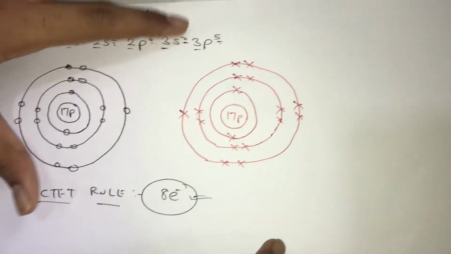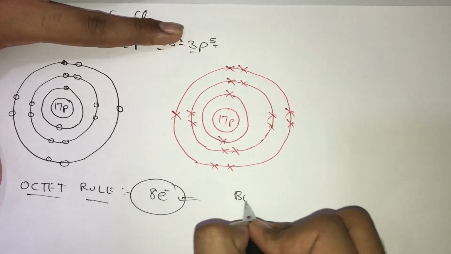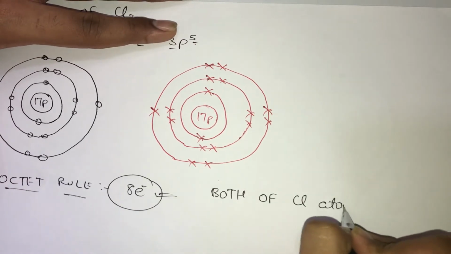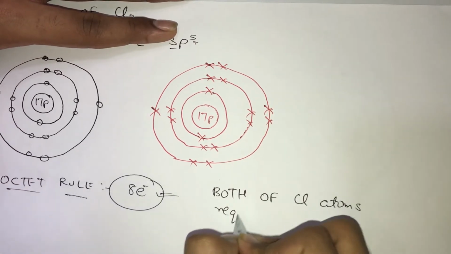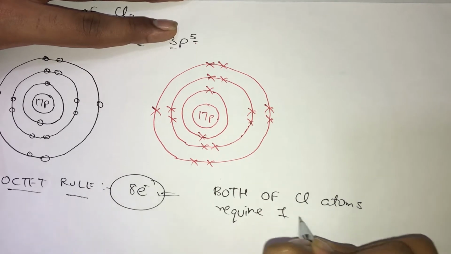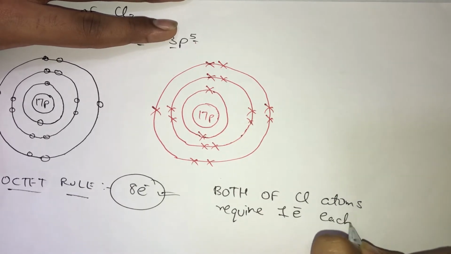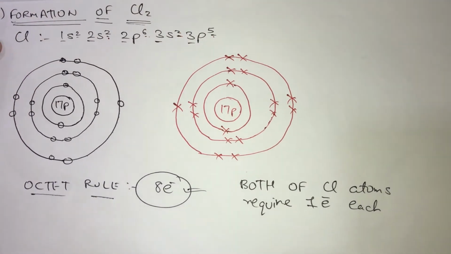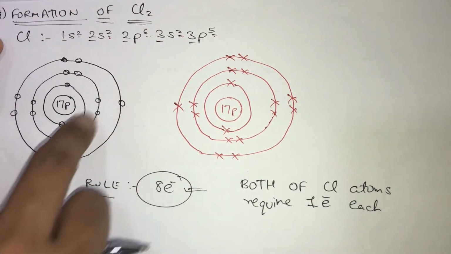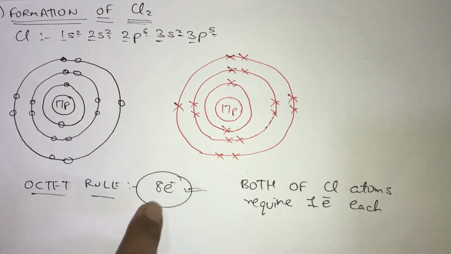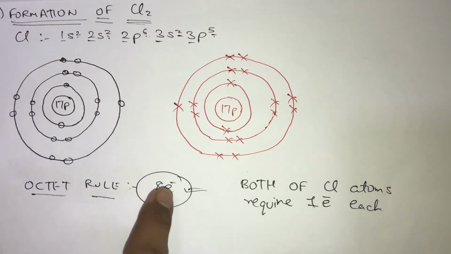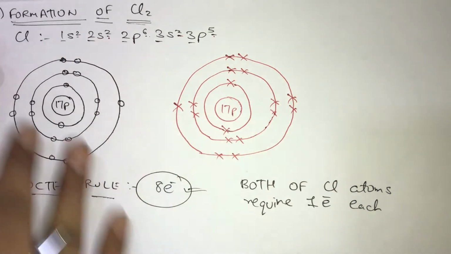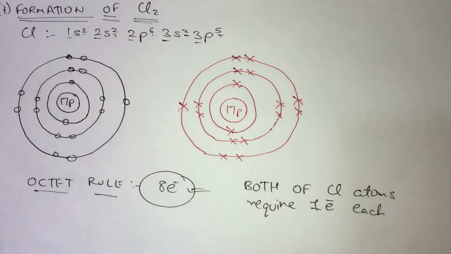So guys, can I say both of the chlorine atoms require 1 electron each? Why do they require 1 electron each? Because if they get 1 electron in the outermost energy level, then their outermost energy level will contain 8 electrons, and hence they will become stable. So both of the chlorine atoms require 1 electron each.